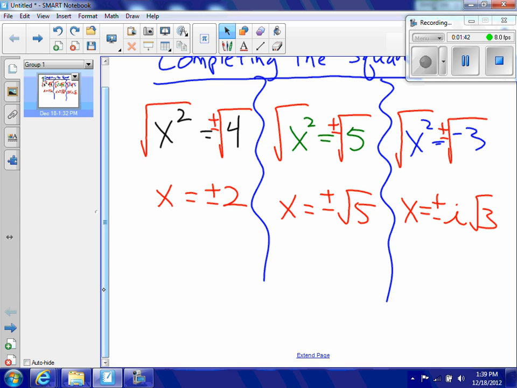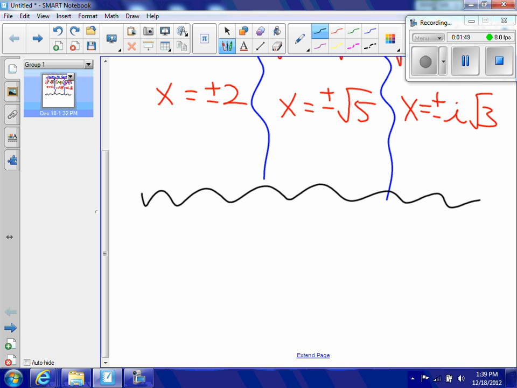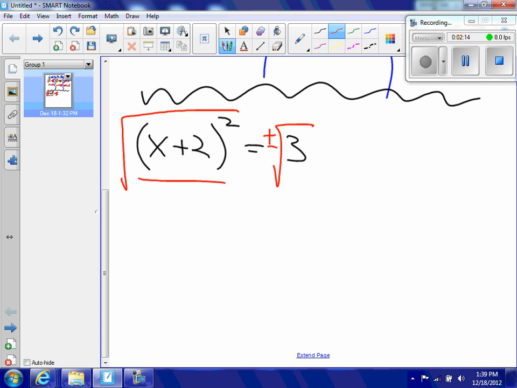It's not even that much harder if I have a slightly more complicated term on the left-hand side of the equation. Let's say I have something like x plus 2 squared is equal to 3. I follow the same process. Because all I have on the left side of my equation is a perfect square, I can take the square root of it, putting in my plus or minus.